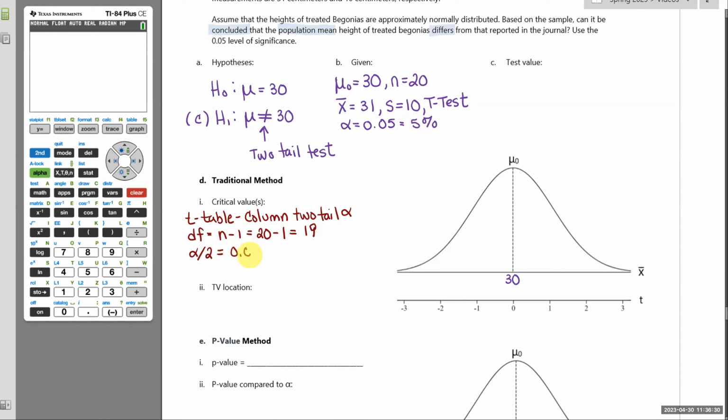So if we take 0.05 and divide by 2, alpha over 2 is 0.025. On the table, for two-tail alpha, you'd be looking at alpha equals 0.05. But alpha over 2, that number would be the area in one tail.